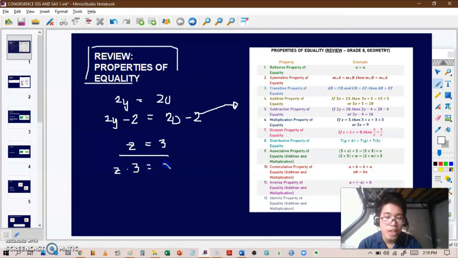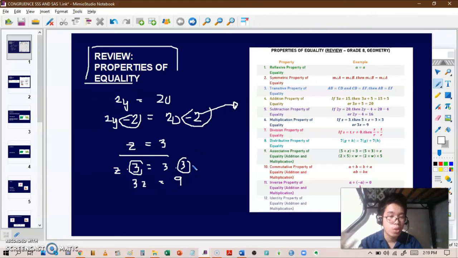The right hand side must also be multiplied by 3, so we have here 3z is equal to 9. We're just introducing constants. Technically it means that whatever constant we introduce, the proposition still holds true.